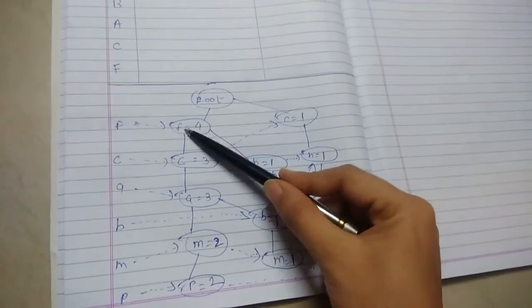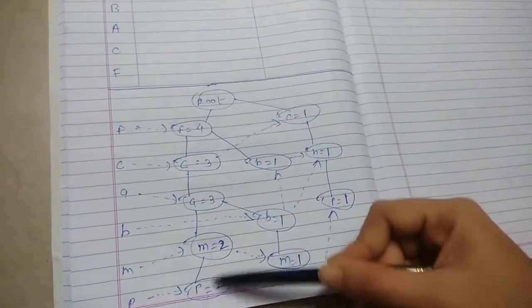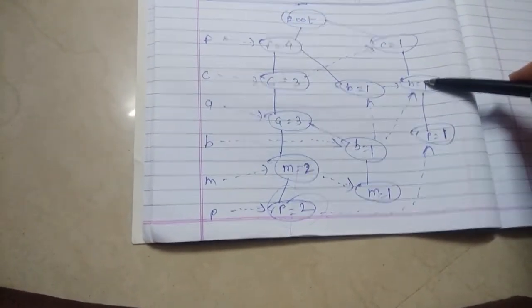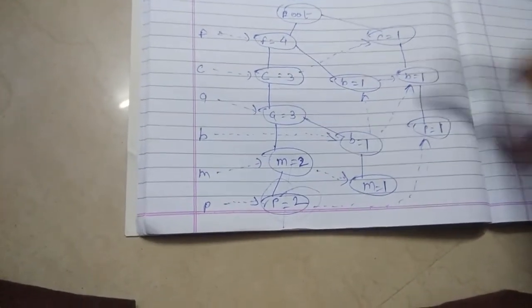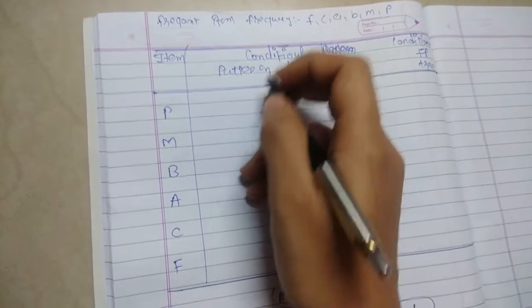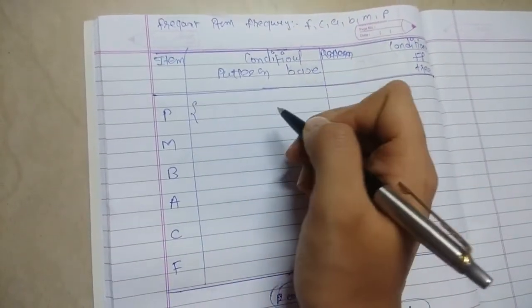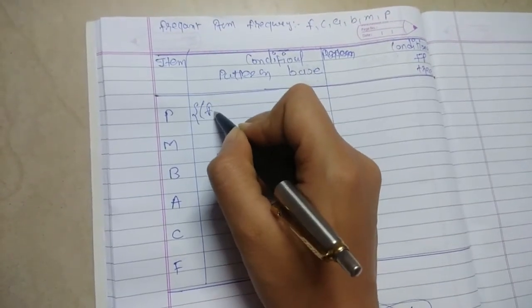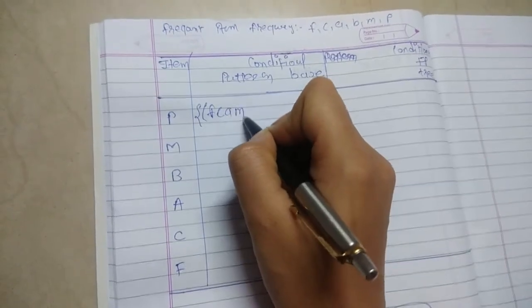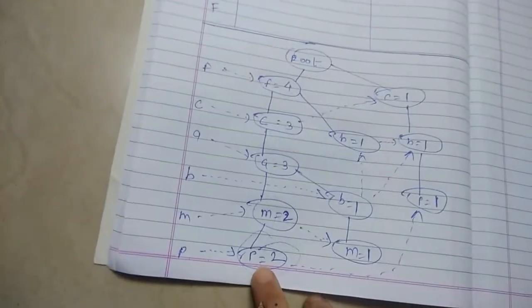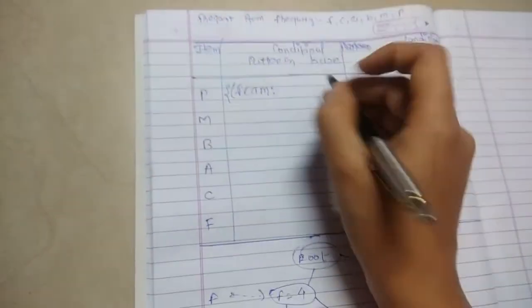The first path is F, C, A, M, P, and the second path is C, B, and then we reach the node P. We write it in curly braces. The first path is F, C, A, M, and at the end the support of P is 2, so we write support 2.